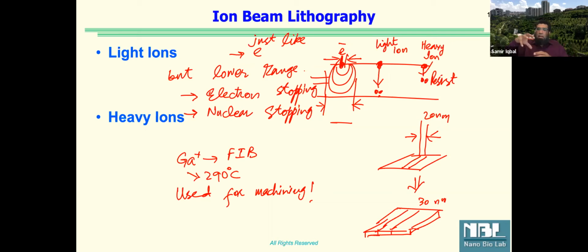We may do 3D printing. That's also kind of instead of cutting things down, we are building bottom up. So that's another concept of machining. So gallium ions are an example of FIB. Many things use gallium ions to do this, we call it FIB, focused ion beam. We just call it FIB.